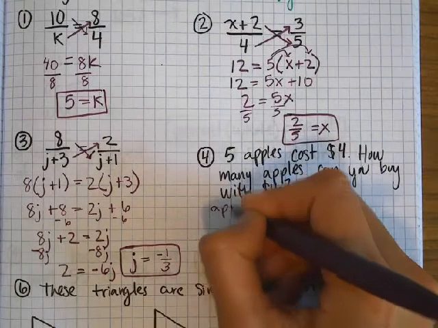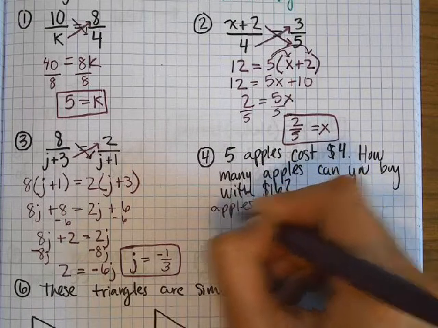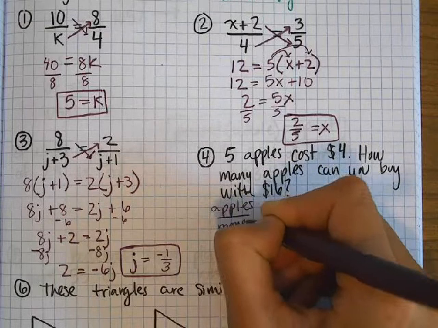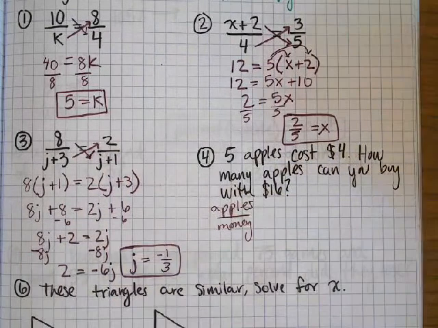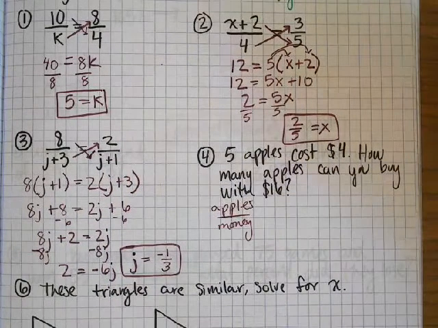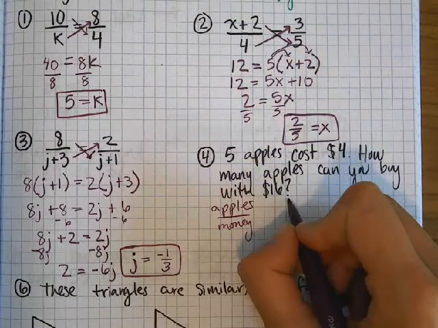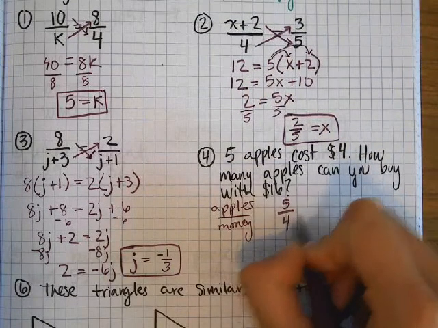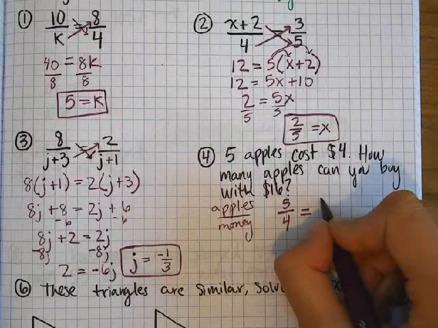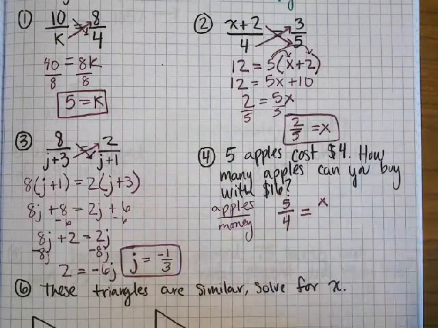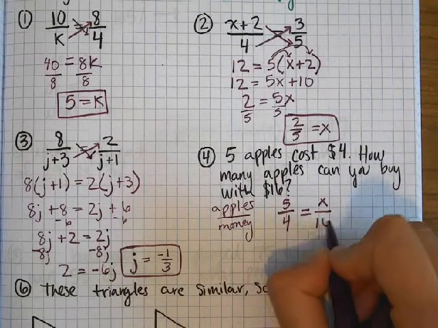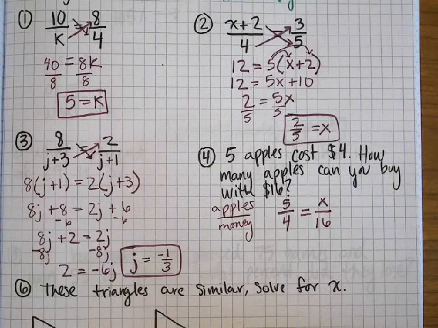Well, let's make our proportion, and let's make it apples over money. So when I make both of my fractions, I need to have apples on the top, money on the bottom. Okay, so my first one says I can buy 5 apples for $4. How many apples, so I'm going to say x, can I buy with $16?